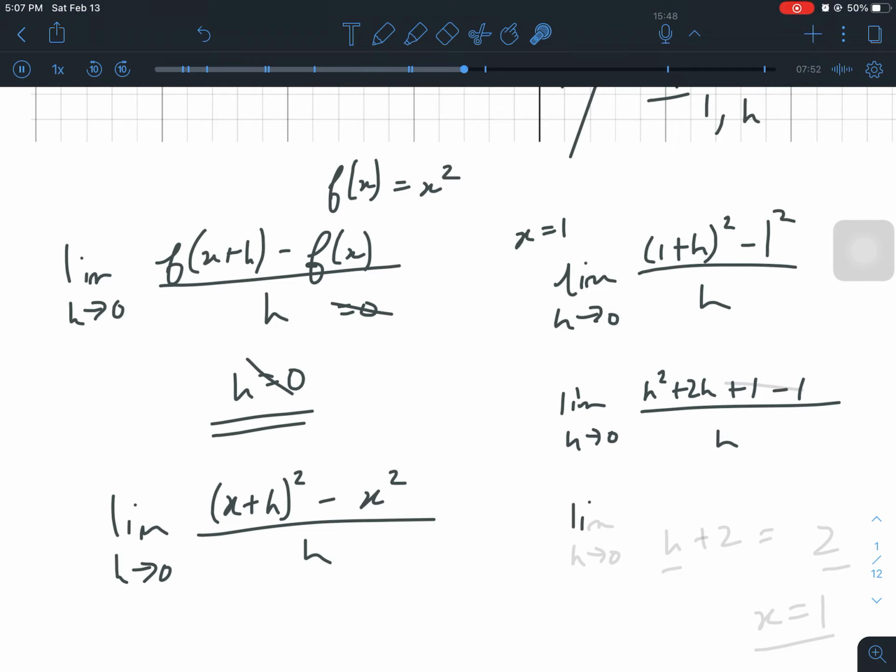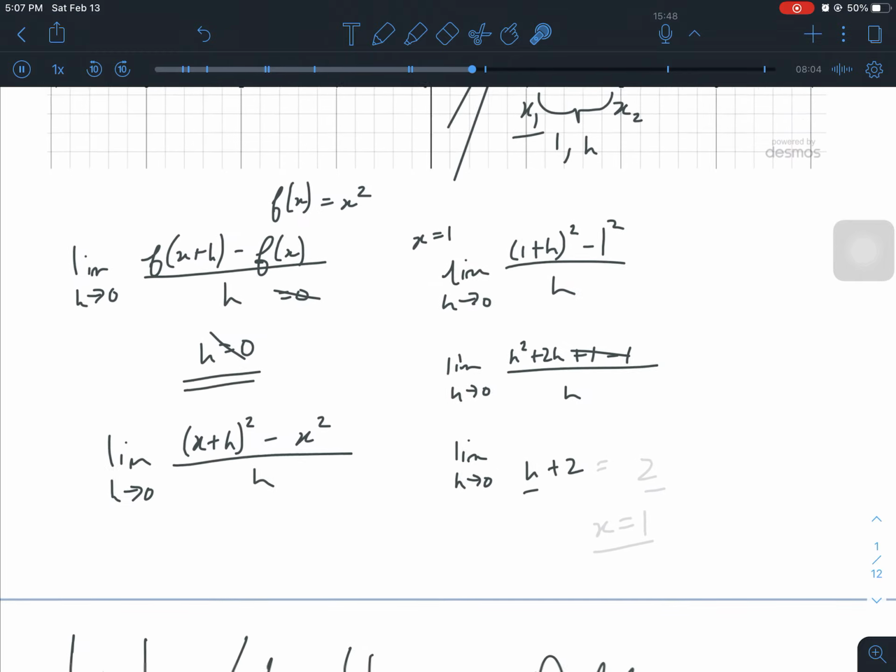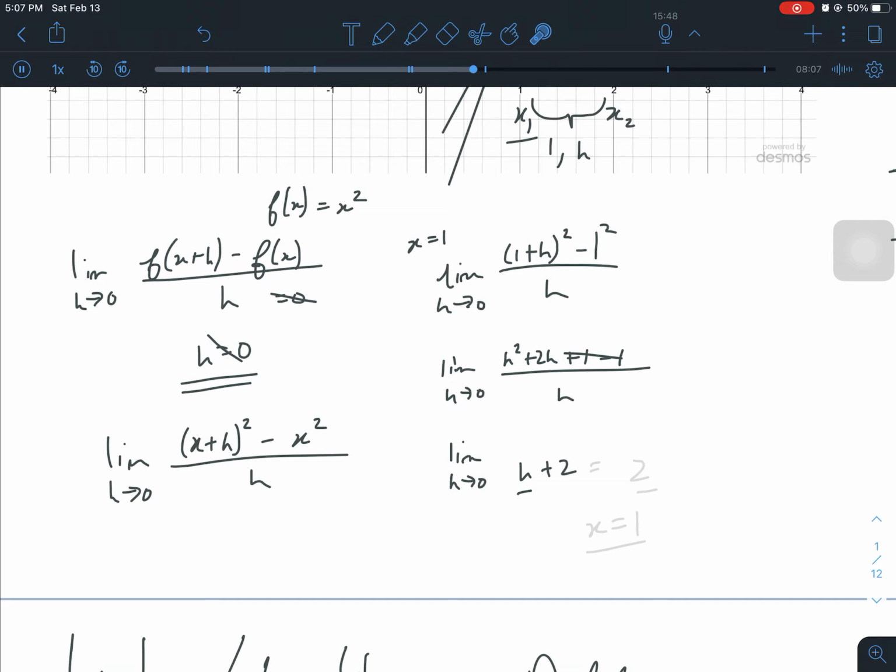And that should be, the ones cancel out, right? So h plus 2. And since h is approaching 0, it should be so close to 0 that we can just say it's 0 at the end, right? So this should equal basically 2. And that is the slope of our tangent line at x equals 1.